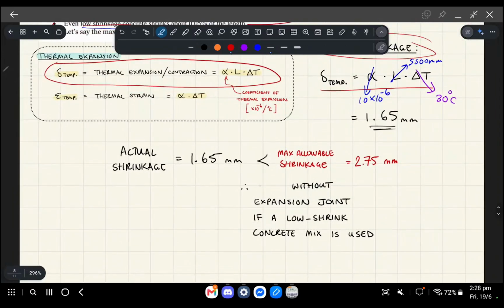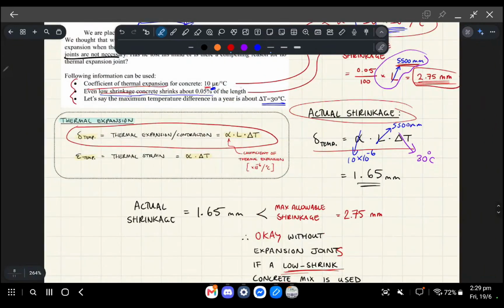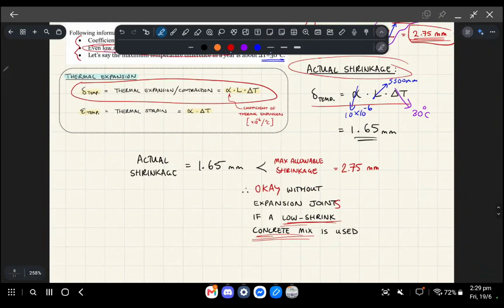And so therefore, it's okay without expansion joints if you use the low shrink concrete mix, which they specified in the question. Okay? Any questions?